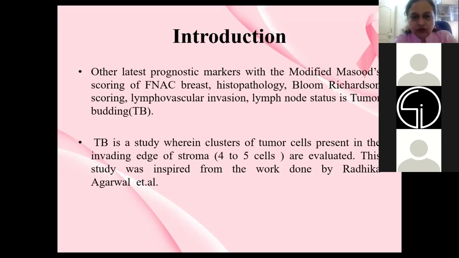What is it? Tumor budding is a study wherein clusters of tumor cells are present in the stroma or invading the edge of the stroma. They can range from 1 to 5 or 4 to 5 cell clusters. These are evaluated. There are various ways of studying this tumor budding. The study which we have done is inspired from the work done by Dr. Radhika Agrawal et al.